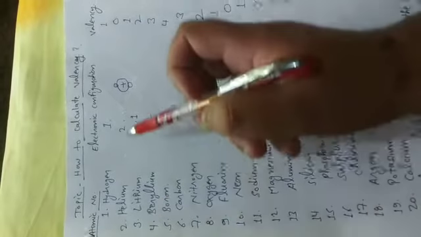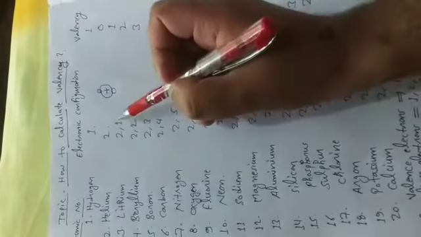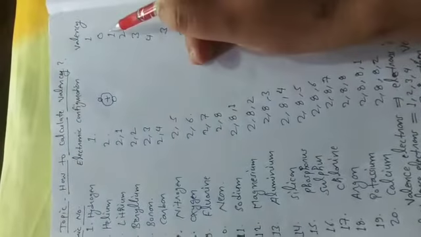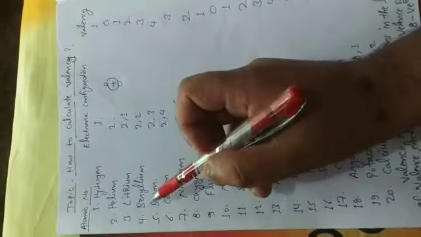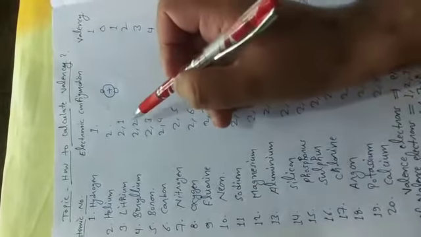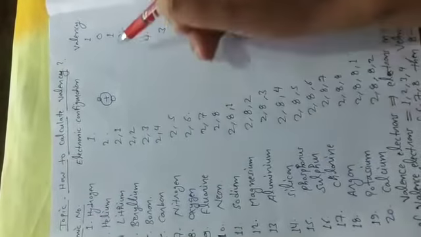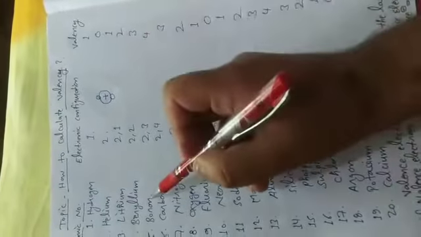In lithium, the outermost electron is 1, so the valency is 1. Next, fourth atomic number is beryllium. In this the outermost electron is 2, so valency of beryllium is 2.